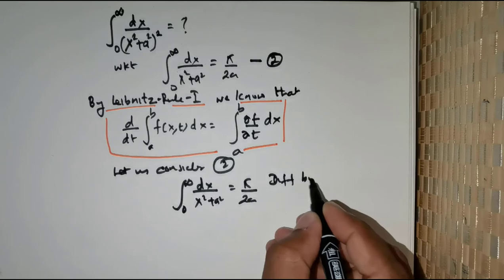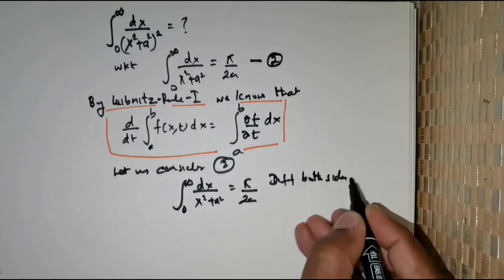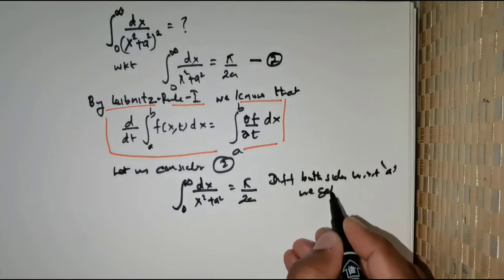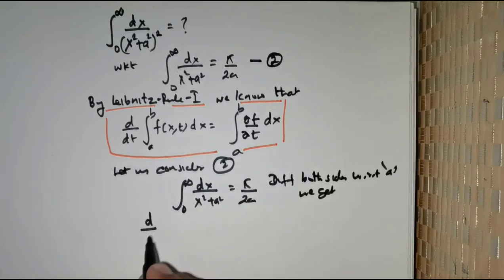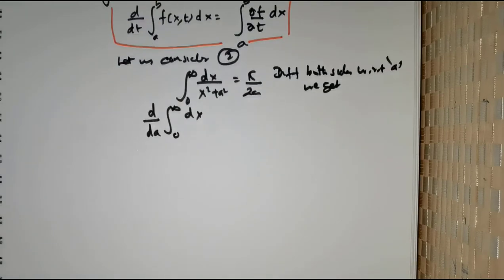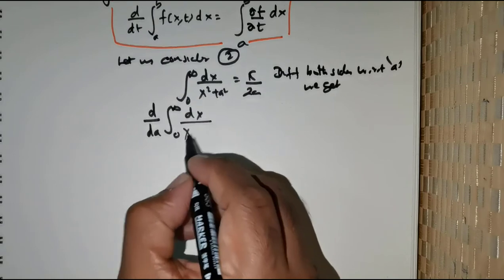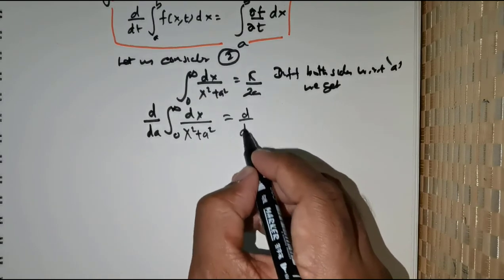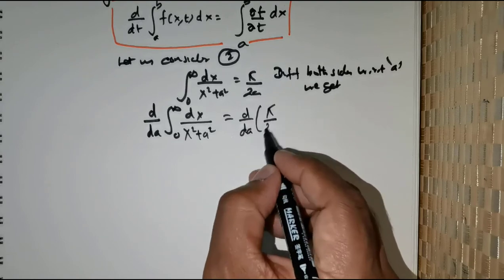So differentiating both sides with respect to a, we get d over dA of the integral from 0 to infinity dx over x squared plus a squared is equal to d over dA of pi over 2a.